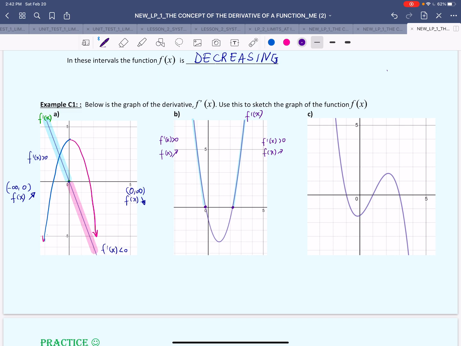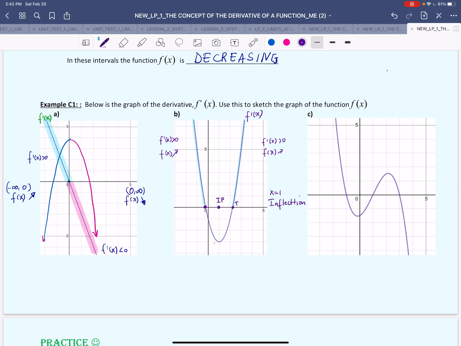Okay, at these 2 points that we highlighted, we have turning points for the graph, and the turning point of the derivative will be an inflection point. So right here at x equals 1 would be an inflection point for the graph. So we have an inflection right here.